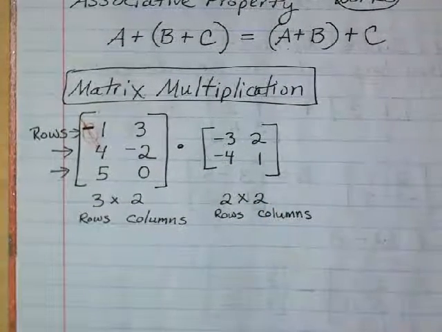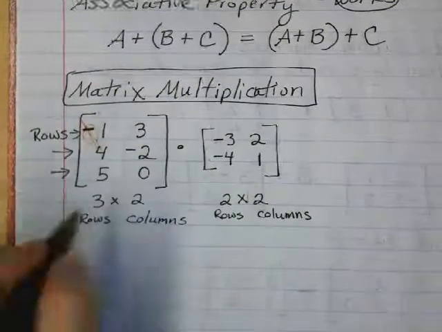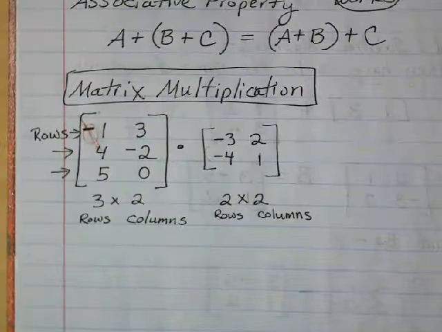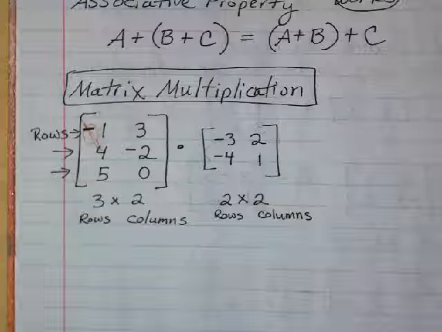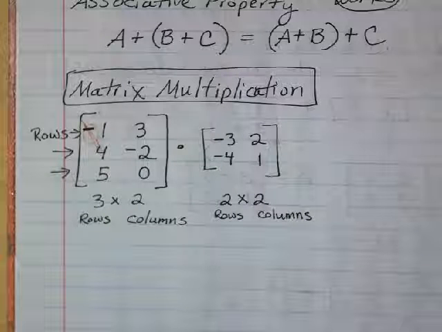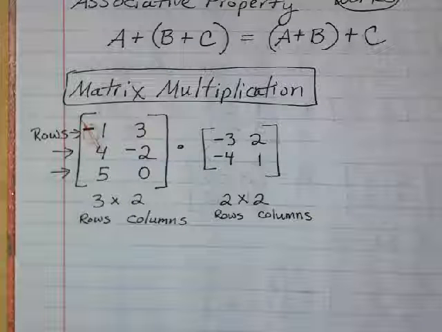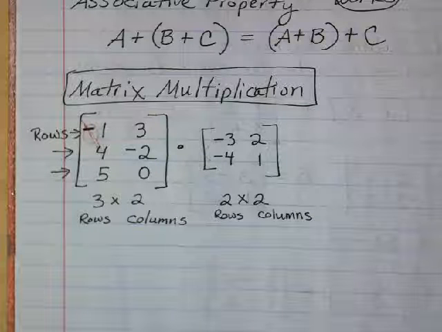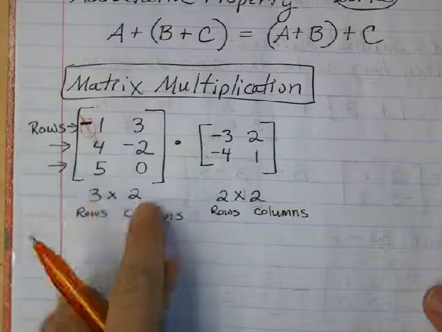When you're doing matrix multiplication, you need to think of the sizes of these matrices. They don't have to be the exact same size for you to be able to multiply. Adding and subtracting, they have to be the same size, but not on multiplying. But you have to check them to see if you can do them. It's actually kind of interesting.